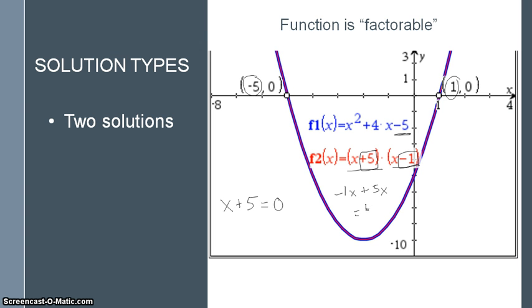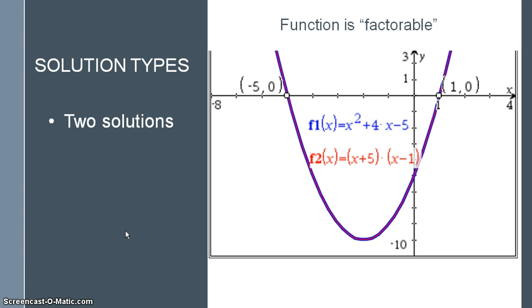That equals a positive 4x, which is our middle term. So we're going to look at that when we factor these, and we're going to see how we can use that to our advantage in order to take the original quadratic function and find the factors ourselves without having to have them given to us like here.